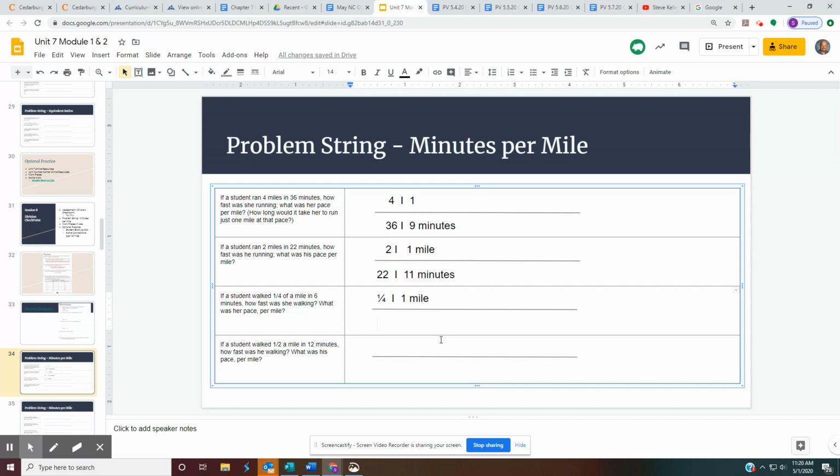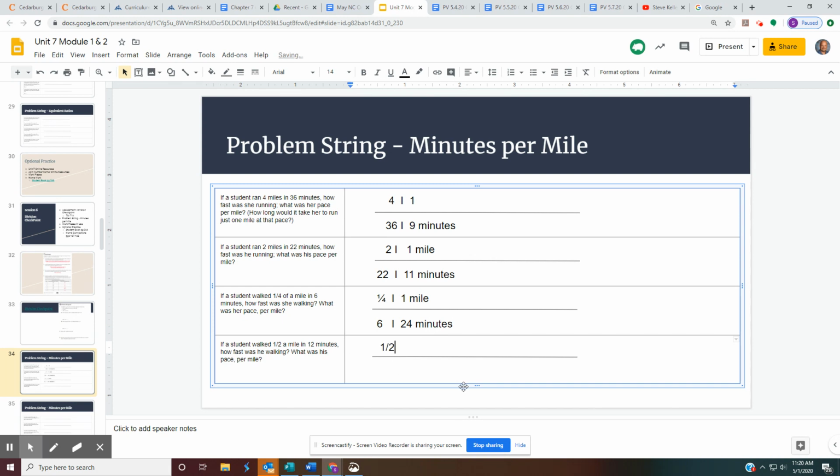So we need to combine more together to get a whole, and we need 4 of them, right? So they do it in 6 minutes. So we would end up completing 1 mile in 6 times 4, or 24 minutes. Good.